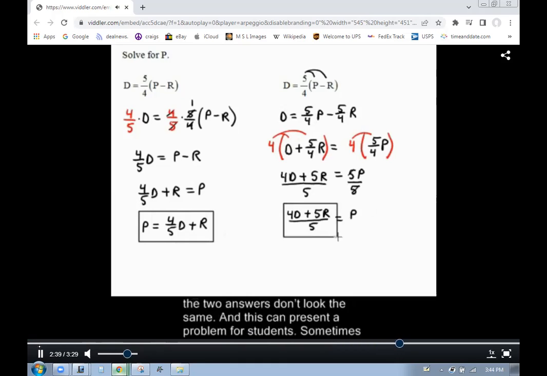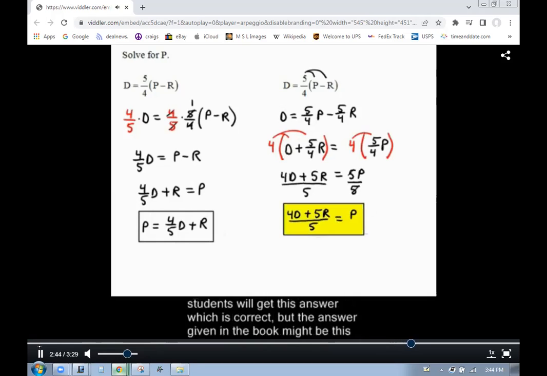However, the two answers don't look the same, and this can present a problem for students. Sometimes students will get this answer, which is correct, but the answer given in the book might be this answer. So we can do what's called form fitting to show that the two expressions are equal. For example, I can write the big fraction here on the left as two separate fractions.